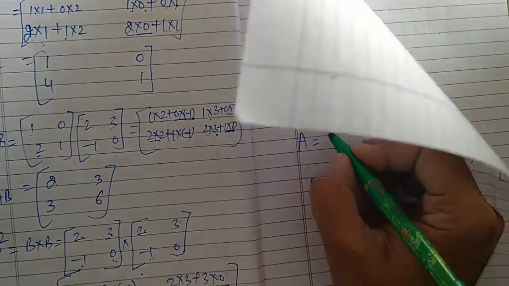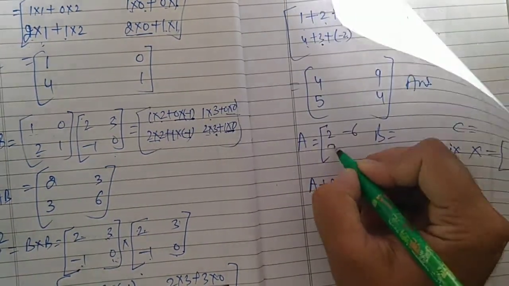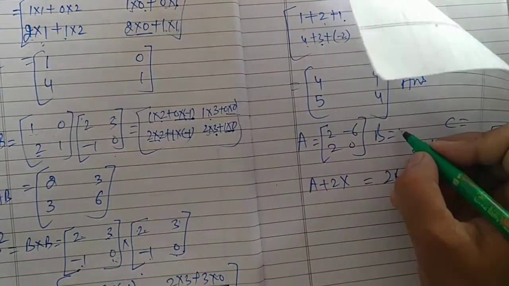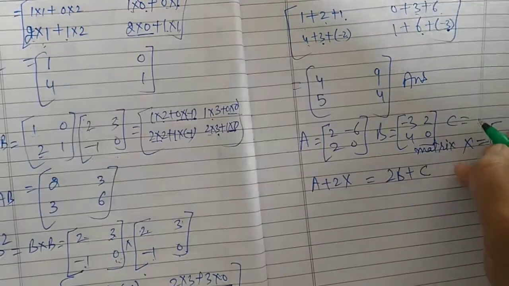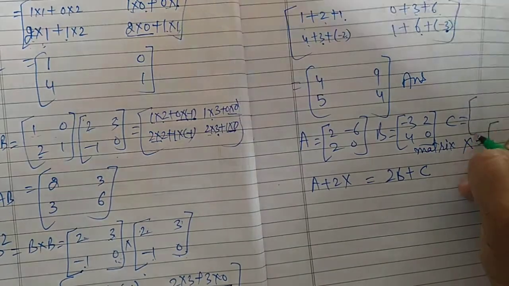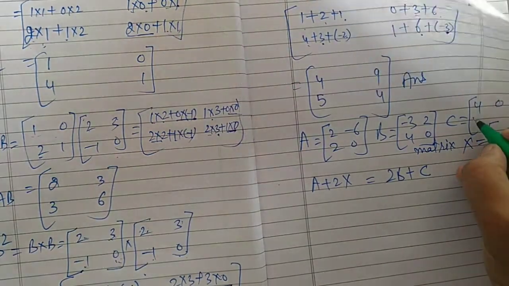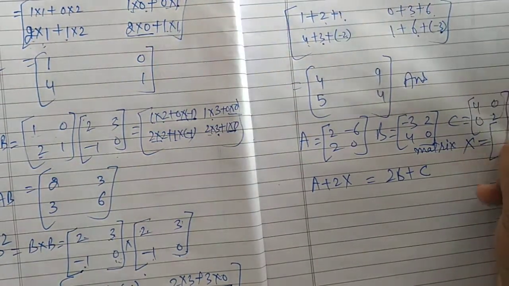Suppose A is 2 minus 6 2 0, B is minus 3 2 4 0, and C is 4 0 0 2.